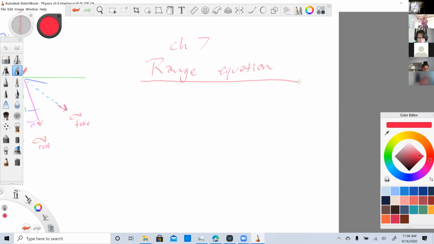Now, unlike a thunderstorm, we produce the sound and we receive the sound. So our range equation is more like a submarine.